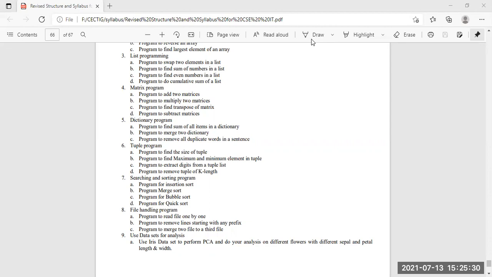Is it swapping or comparing the first two values, and then if any of the values is greater or less, we interchange the values, then again compare the next two values? That is the procedure. What is the procedure for bubble sort?